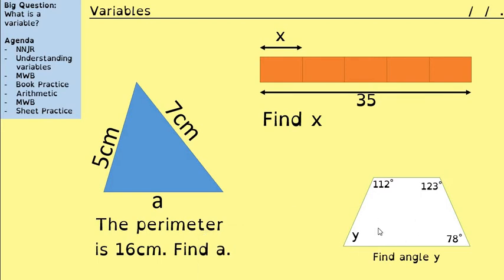And once again, we can find the value of this angle y. We know the maths to do that, but at the moment it's an unknown. So we've represented that and put a letter there instead. So in algebra, if a value is unknown, it's called a variable, and we represent that with letters.